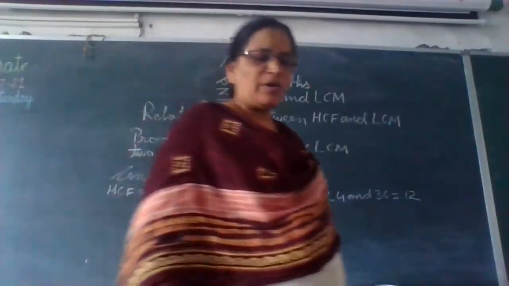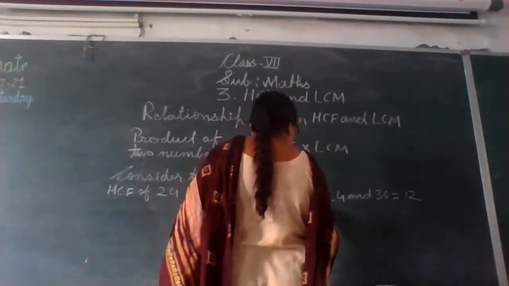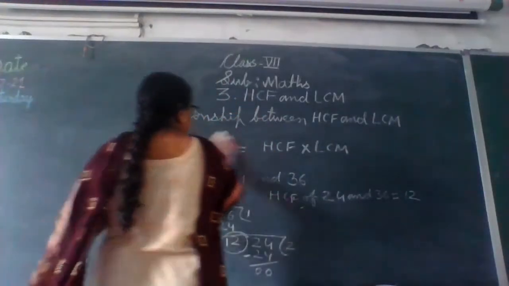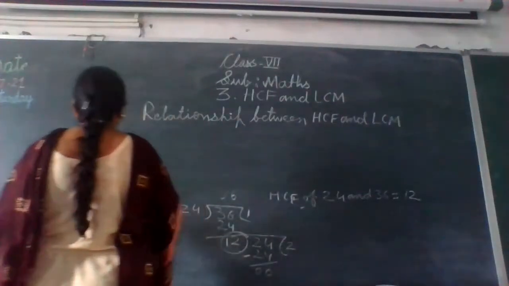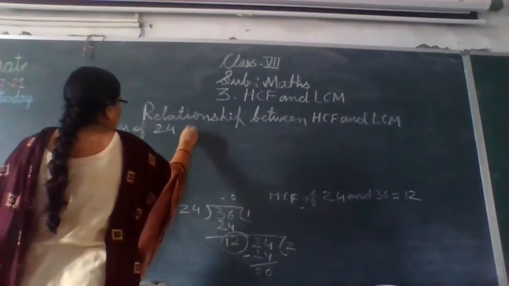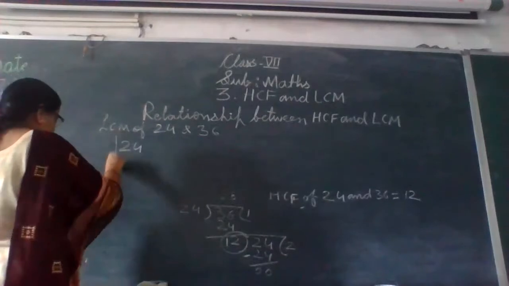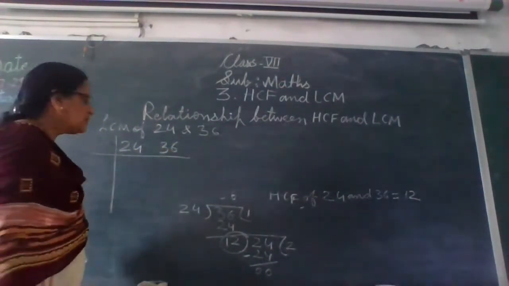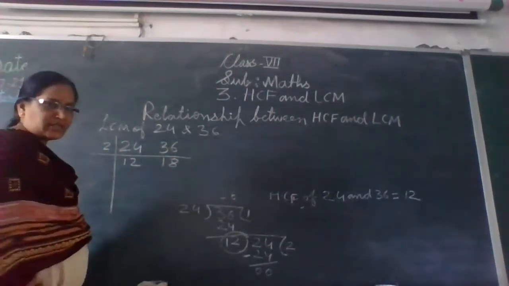Now let us find LCM. So here we will apply the common division method. LCM of 24 and 36. See, beta, both are even numbers. So 2 twelves are 24, 2 eighteens are 36.